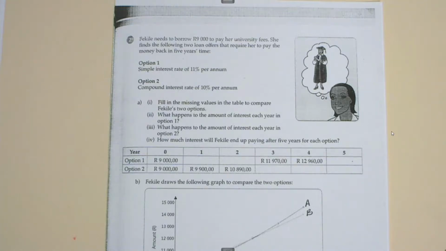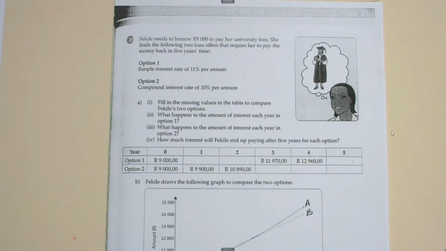So based on our graph, we will see that we are having the time, which is indicated as 0, 0,5, 1, 1,5, up to a period of 5 years. And then we look at the amount. Initially, Fikile is borrowing 9,000. So some learners will think that this 9,000 is at 0.